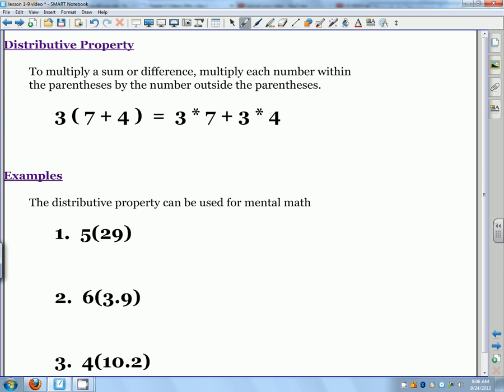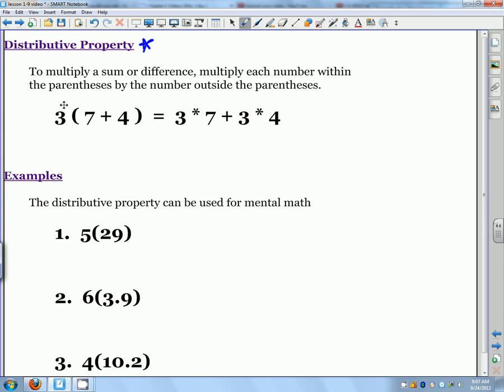All right, the next big concept that we are doing is the distributive property. So you want to write this down in your notes. The distributive property says, to multiply a sum or difference, multiply each number within the parentheses by the number outside the parentheses. So I like to make these little rainbows.